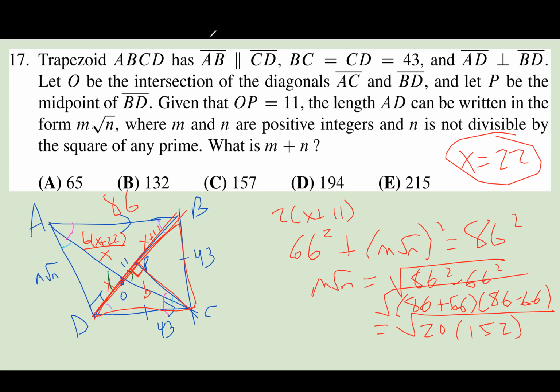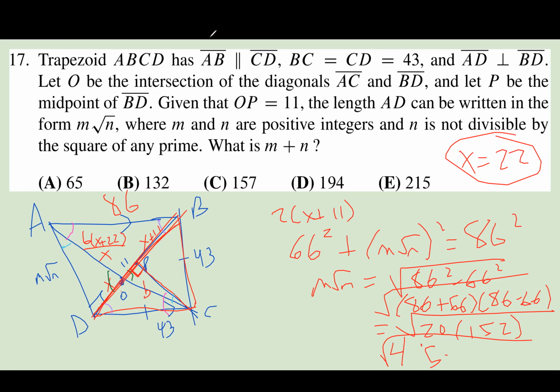So we can factor out a 4, right? That's 4 times 5 times 152 is 4 times 25 and 13, 38.